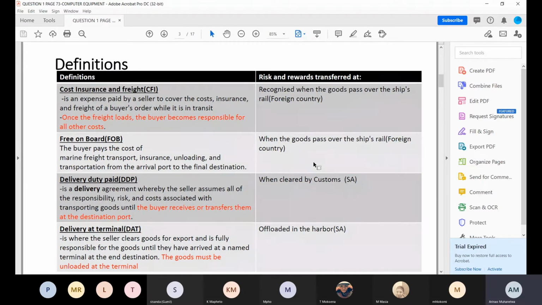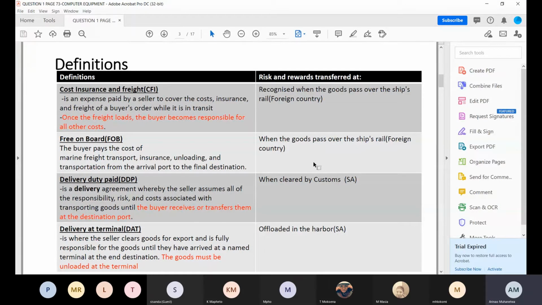All right, some of the important definitions that we need to know. First and foremost, whenever you're reading the foreign exchange transaction, as you read the information, it is very important to determine when the transaction date is.